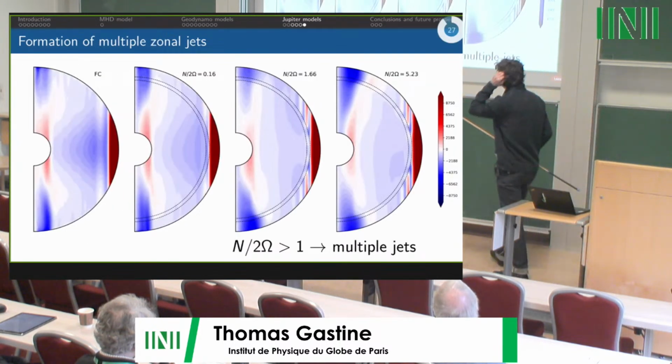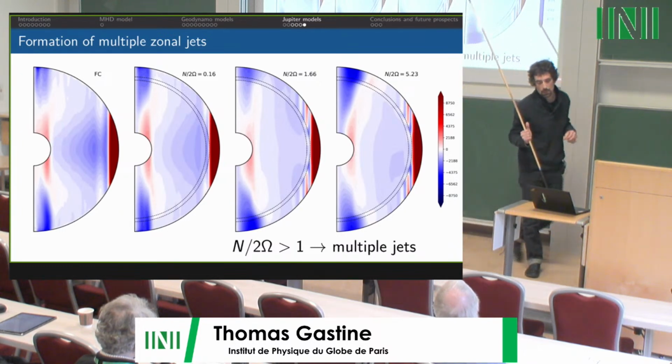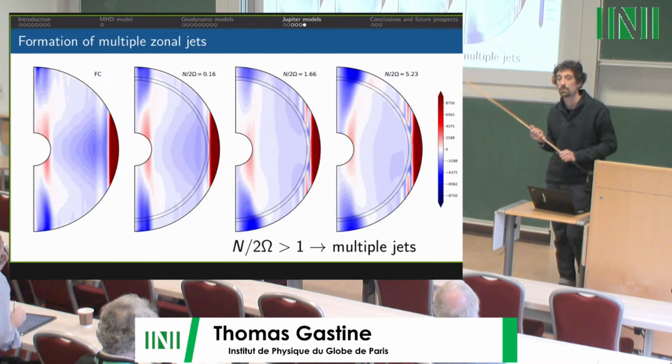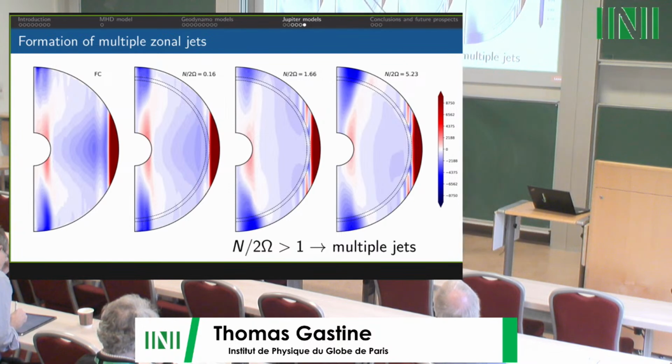Now, another important aspect here for the gas giant planets is the surface jets. So the fact that you will produce alternated jets as observed on Jupiter. So on the left is an entirely convective model. What's displayed is the zonal velocity. So red is prograde, blue retrograde. And you see that you produce strong prograde jets here, but nothing like alternated jets at high latitude.